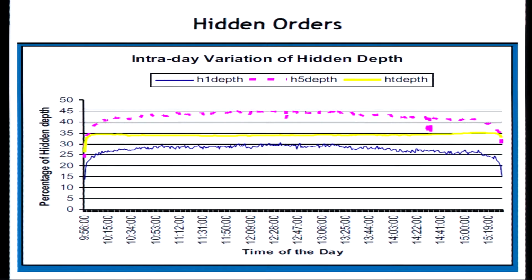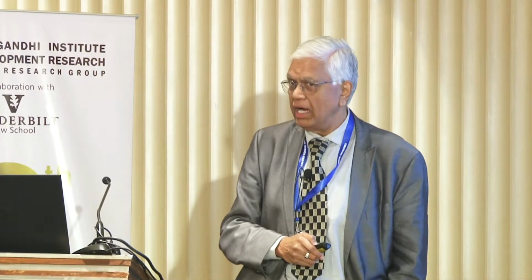Again, I will leave out some of the slides. Let me just say that this is the amount of depth which is contributed by hidden orders. As you can see, the amount of depth that is contributed by hidden orders is about 35% to 40%. It's very high.